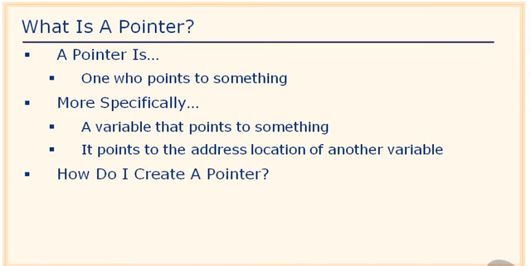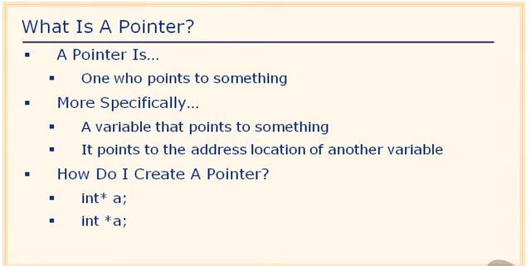Now, how do I create a pointer? There's a couple of ways to do this. The first thing is we're going to use an asterisk in our variable declaration. As you can see here, we've chosen to put the asterisk next to the data type. And this is not saying that I'm creating a variable called a that's of a type integer. I'm actually doing something a little different.